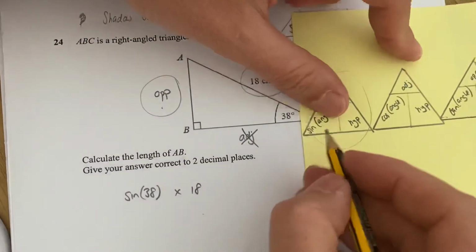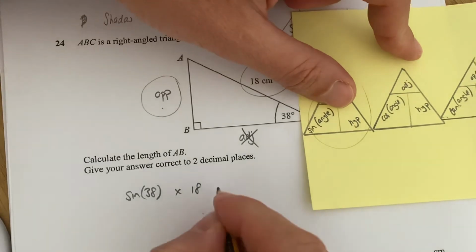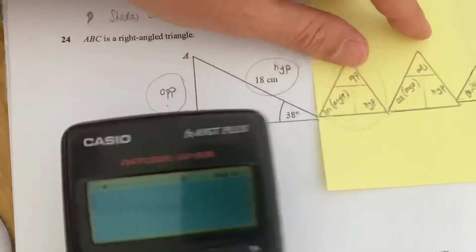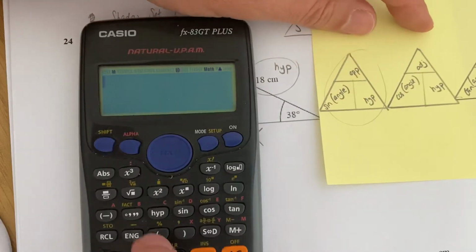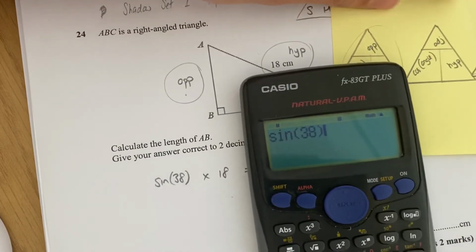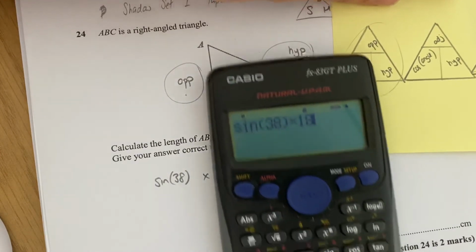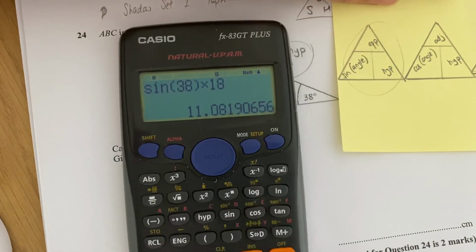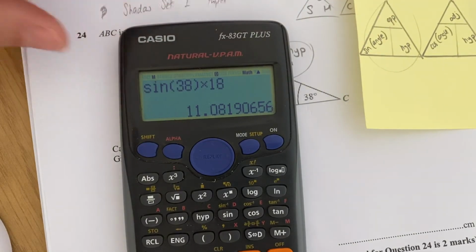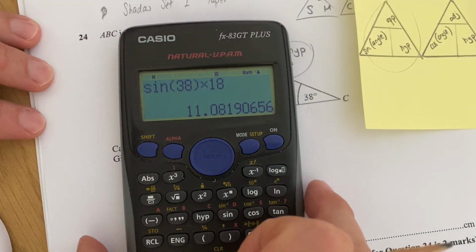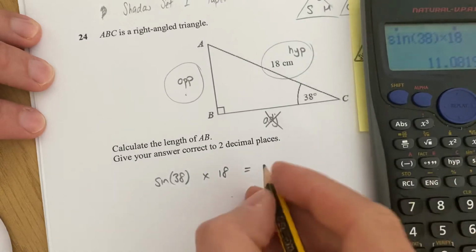So we needed to do sine of the angle multiplied by the hypotenuse, and of course you need a calculator to do that. Sine of the angle, making sure that bracket is closed, multiplied by the hypotenuse. That gives us 11.08190656.